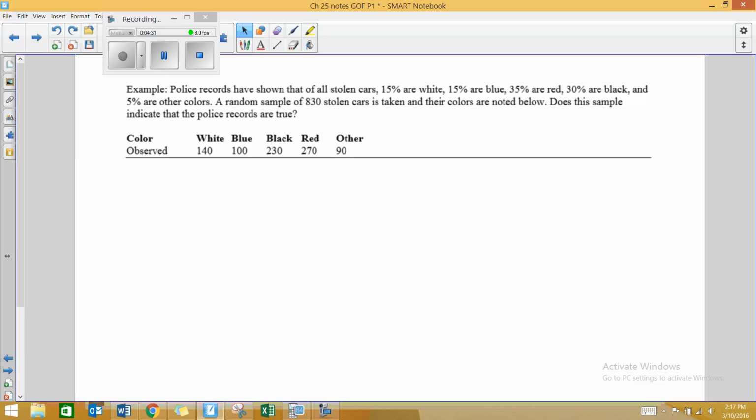We want to know, does the sample indicate that the police records are true? So we have a hypothesized distribution, which are these numbers up here, and then we have our alternative, that it's different. Okay, so let's first just go ahead and state the null and the alternative.